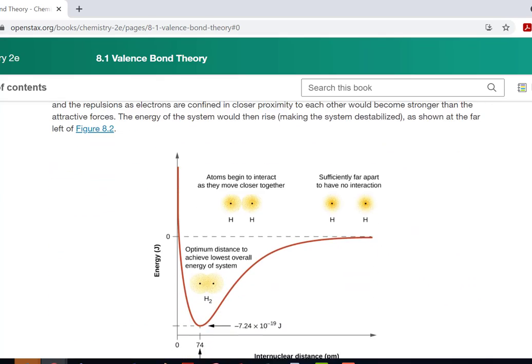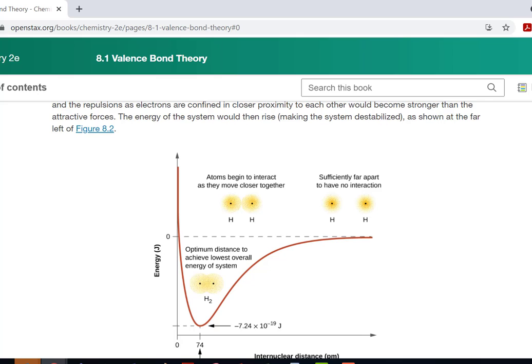So we start out far apart, we come close together. When we get close together, we form a bond. Every time you form a bond, it's lower energy than when you don't have a bond, and that's what this diagram is showing. We have a bond here, we don't have a bond over here.